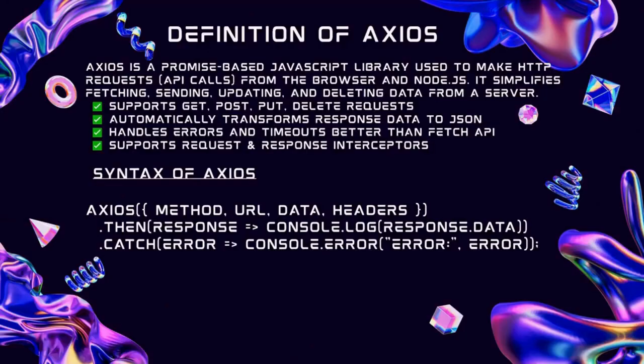Definition of Axios. Axios is a promise-based JavaScript library used for making HTTP API calls from the browser and Node.js.